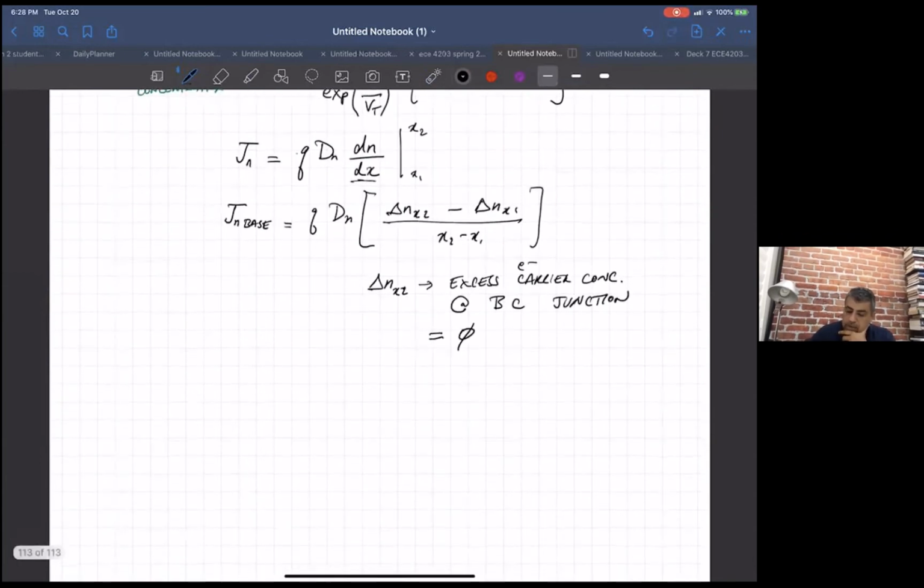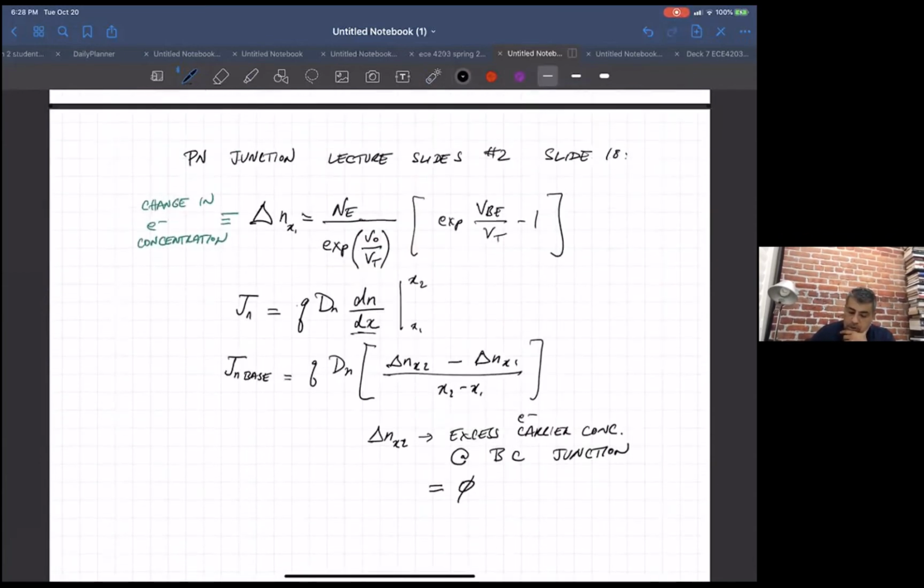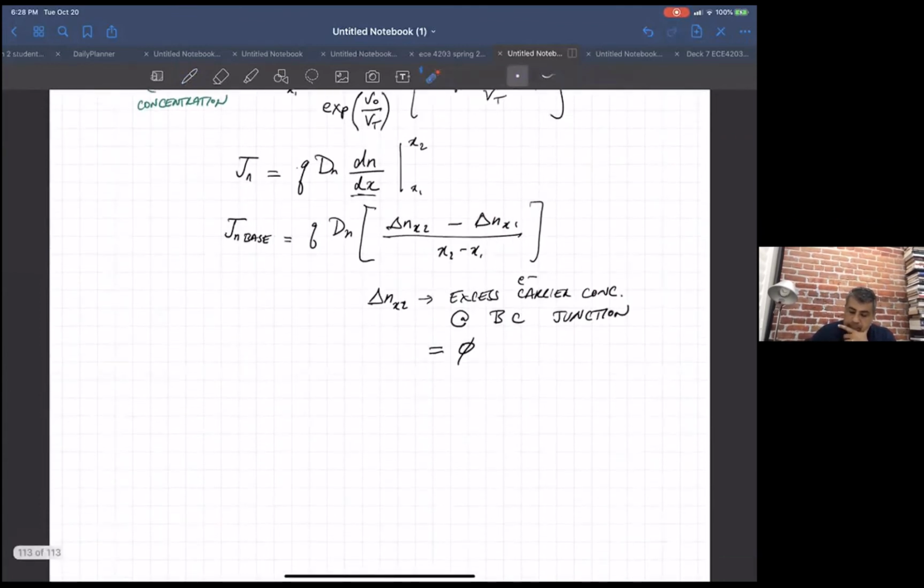And then we have an equation up here for delta n at x1. And then x2 minus x1 is a physical distance, that's the width of the base, and I call that WB.